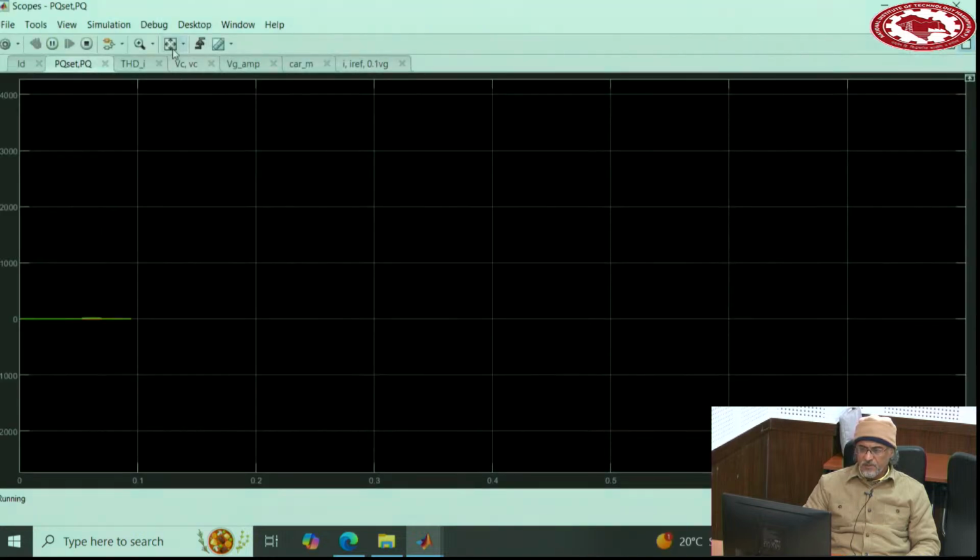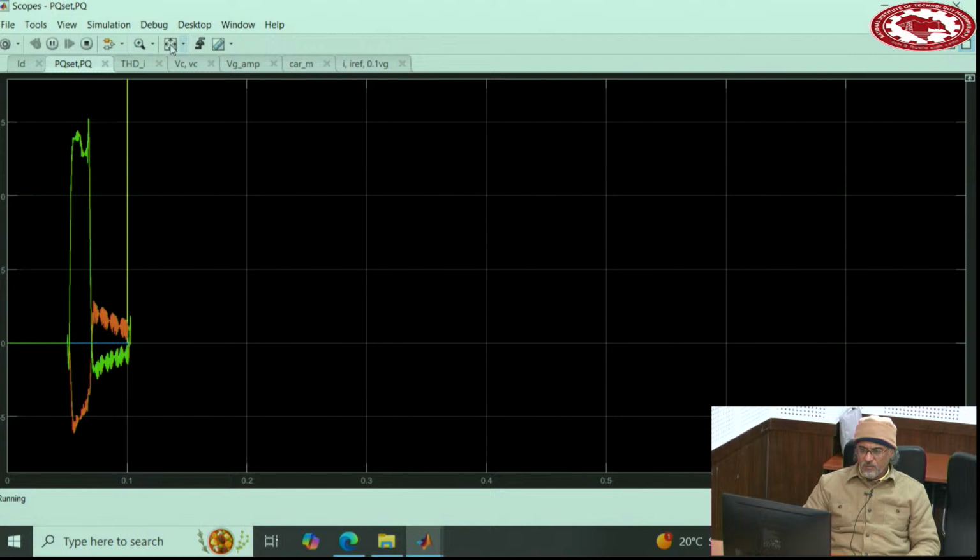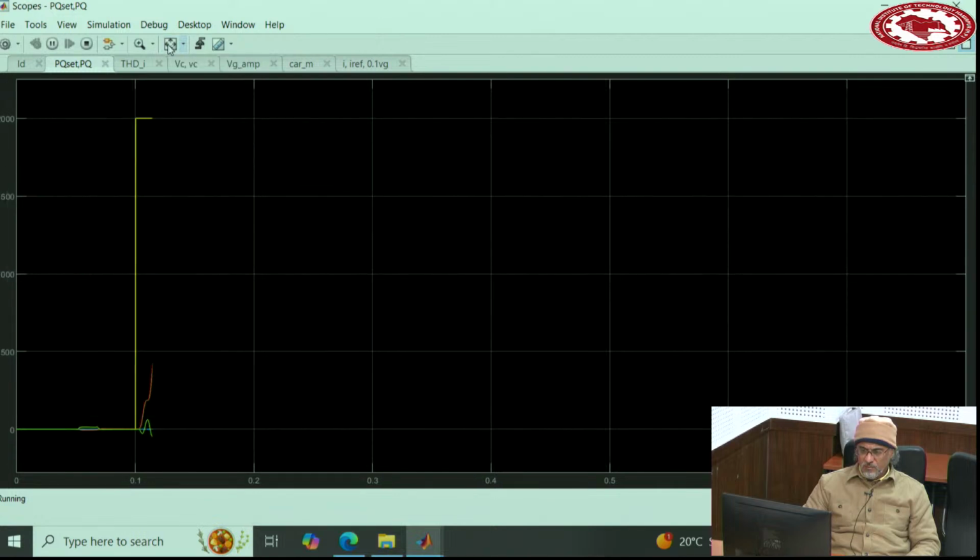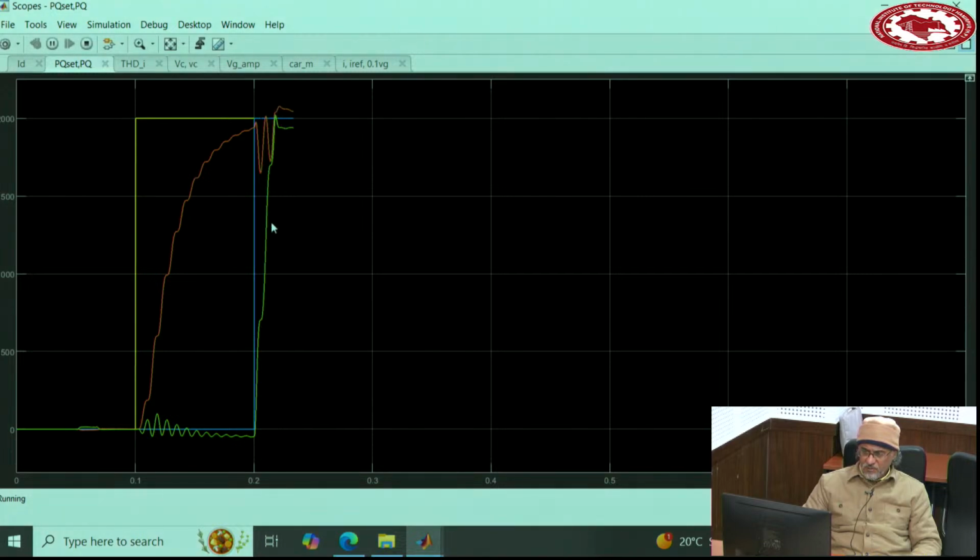It's running now. Okay. So here is when you apply the real power command of 2 kilowatt. So this is the command, and this is the actual power. And I think this is the reactive now.